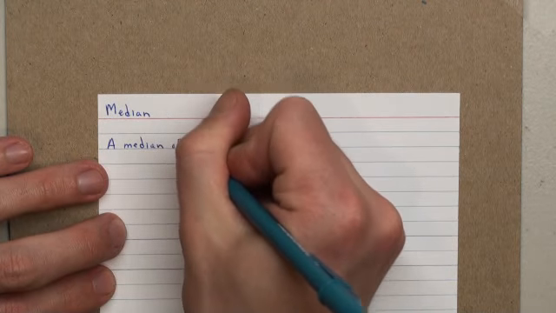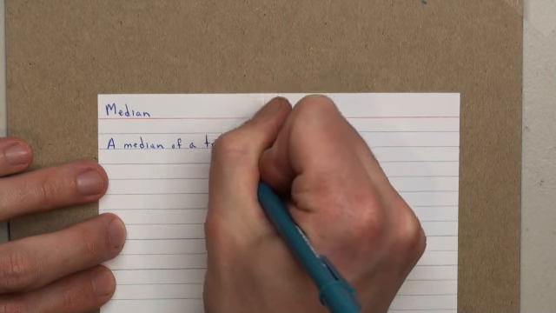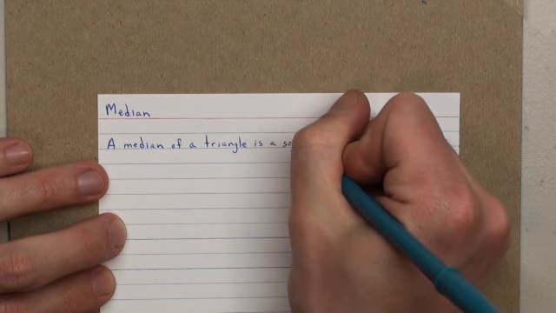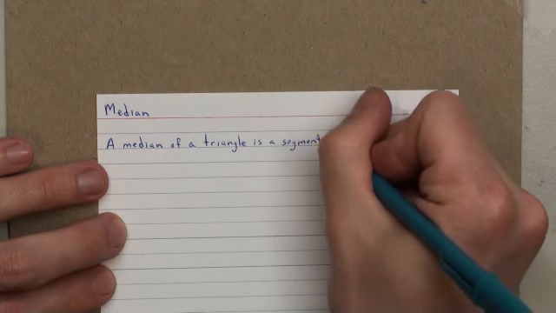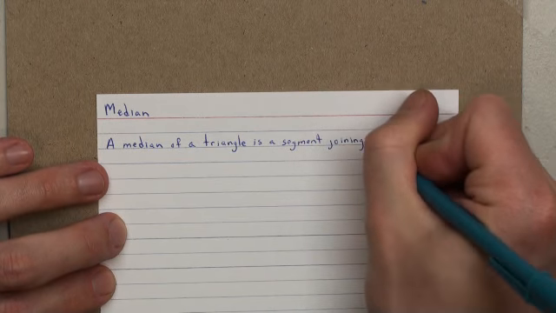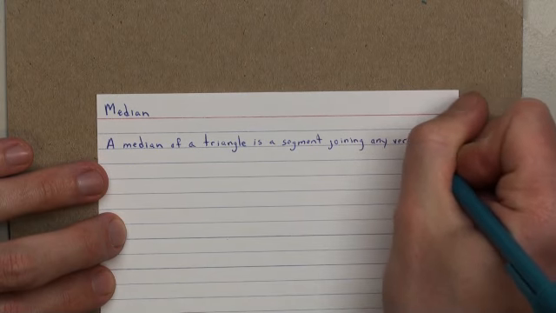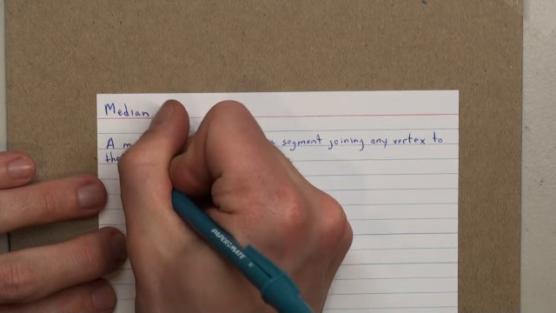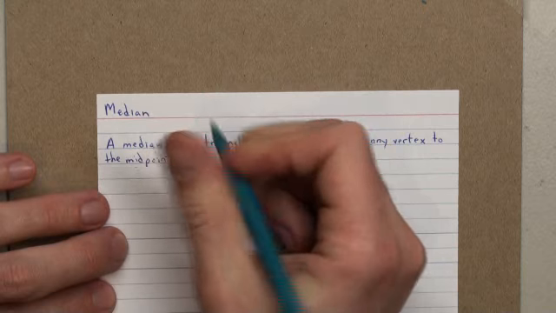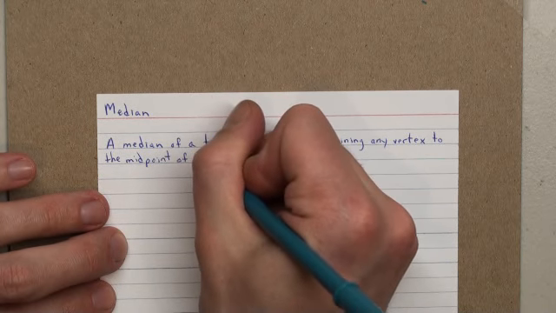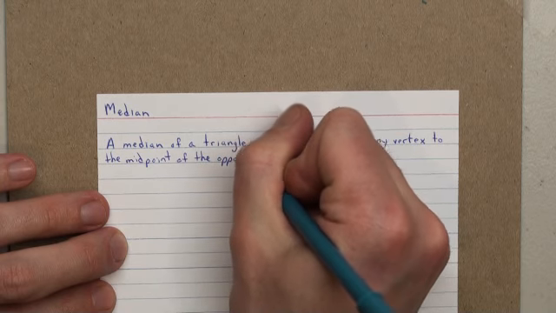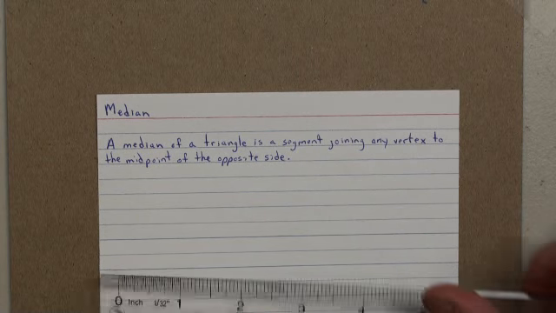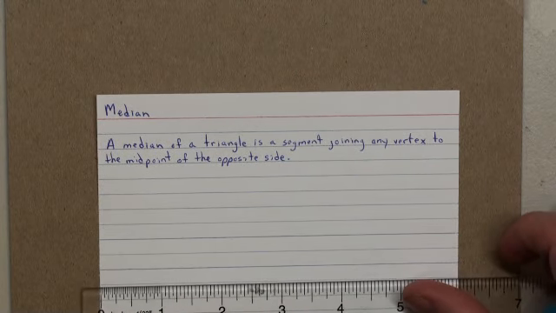A median of a triangle is a segment joining any vertex to the midpoint of the opposite side. Okay, so let's draw a triangle.